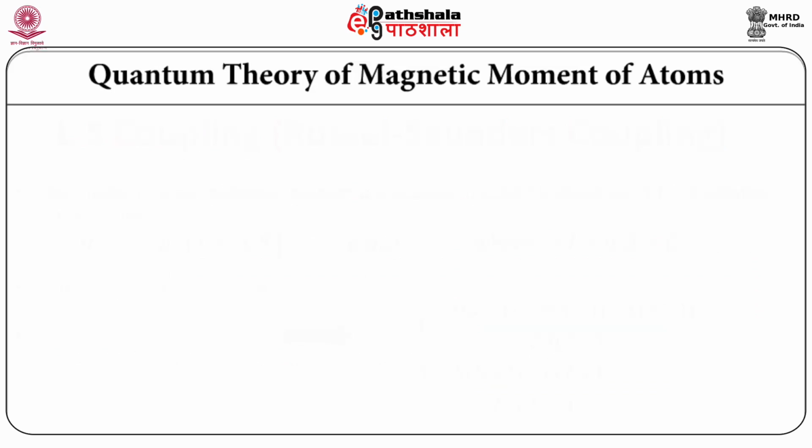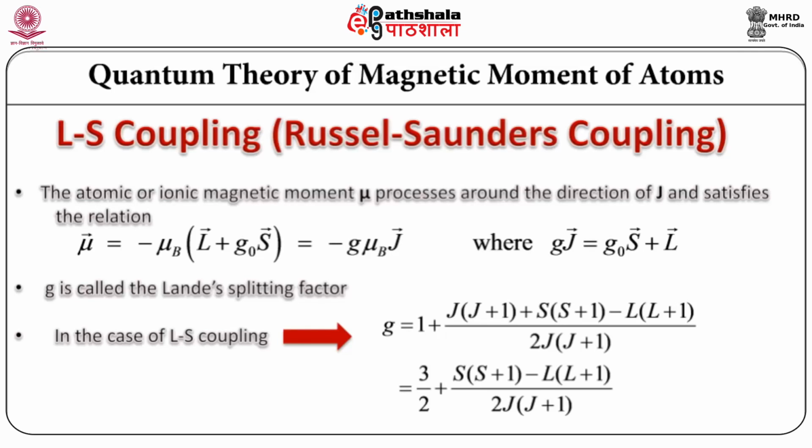Now what I had told in the previous slide regarding showing in the figure, I also show mathematically: the LS coupling, the Russell-Saunders coupling, and the vector addition of that. The net orbital angular momentum is equal to h cross times the summation over the small l's, where the index i runs over all the atoms or the ions.